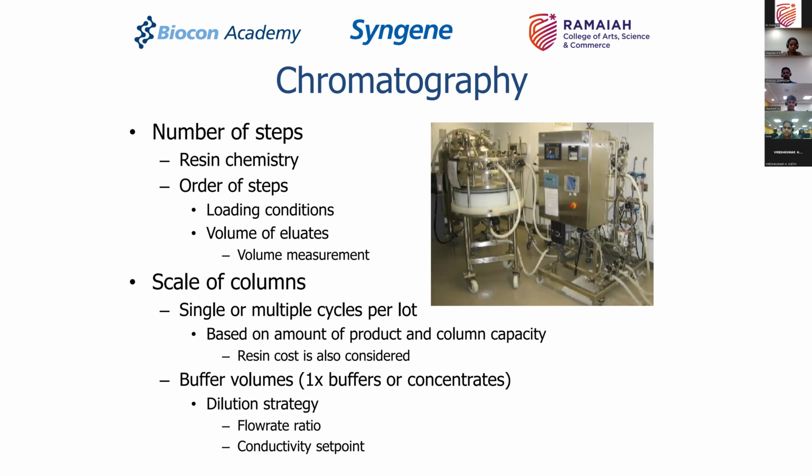Then after you have sent the product of interest, you need to remove it by desorbing it. So what kind of buffers you are going to use also becomes important, because you are going to collect fractions from this, and those fractions are where your product is. If you do not use the right kind of buffer, you could lose the product with certain impurities which are also coming out of the system.